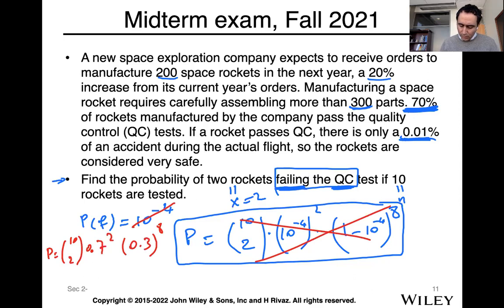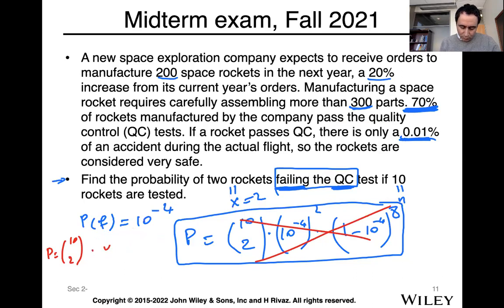Actually, I think I made another mistake. I think I'm rushing through. The question says 70% pass QC, and the problem was failing QC. So the probability of failing QC is 0.3. I made another mistake.